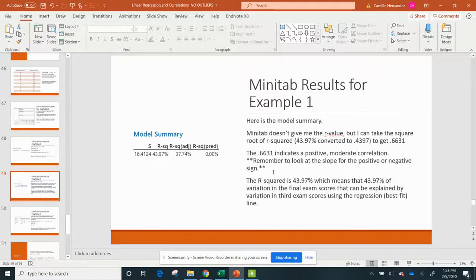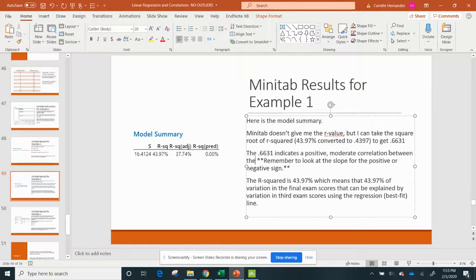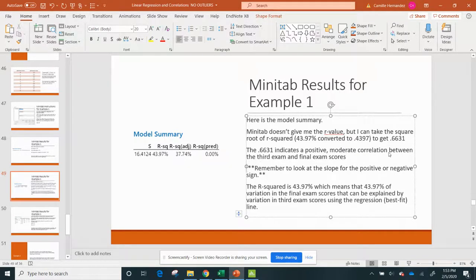So I could say for that 0.6631, there's a positive moderate correlation between the third exam and the final exam scores. That's how I would word those two.